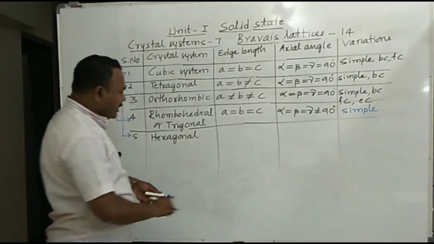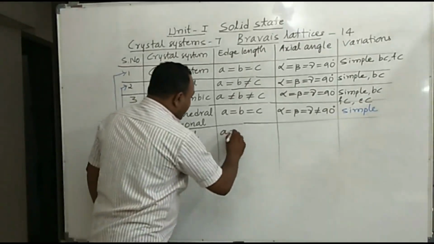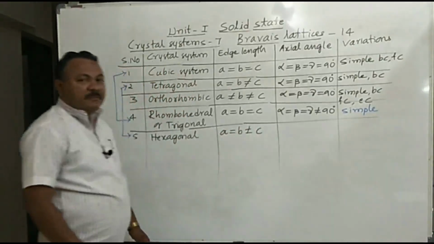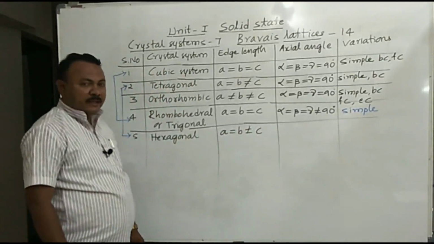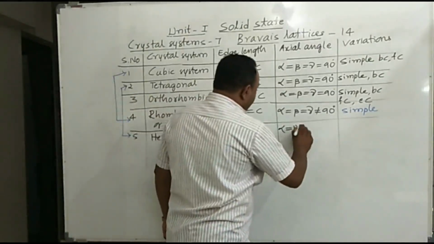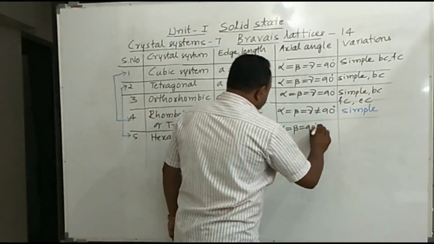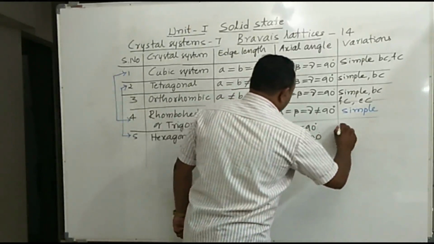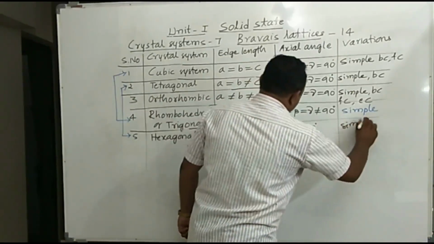See that, the edge length relation we have in the tetragonal system is repeated for hexagonal. And whenever you get hexagonal, remember this: alpha, beta 90, gamma changes, gamma becomes 120. And here also we are getting only one variation, the simple system.